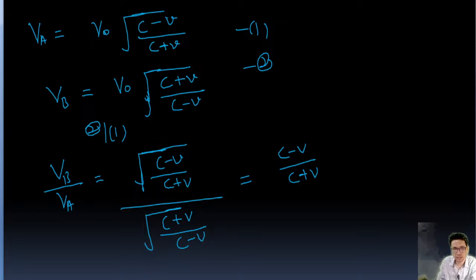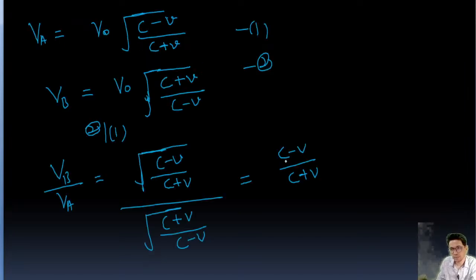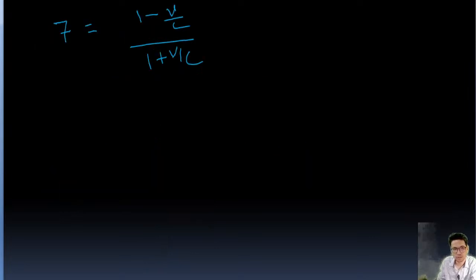We can divide by C and write 1 plus V upon C over 1 minus V upon C.